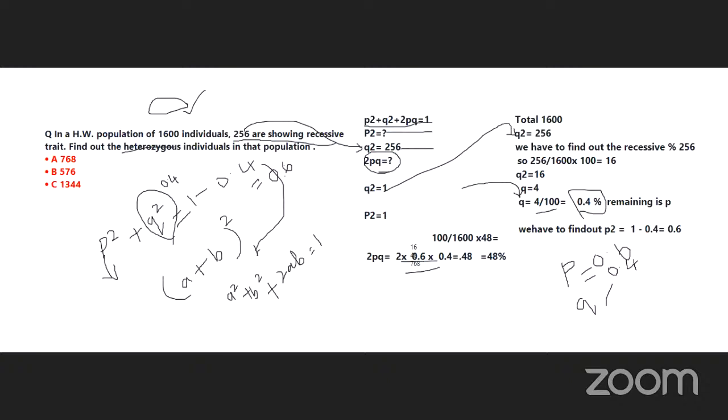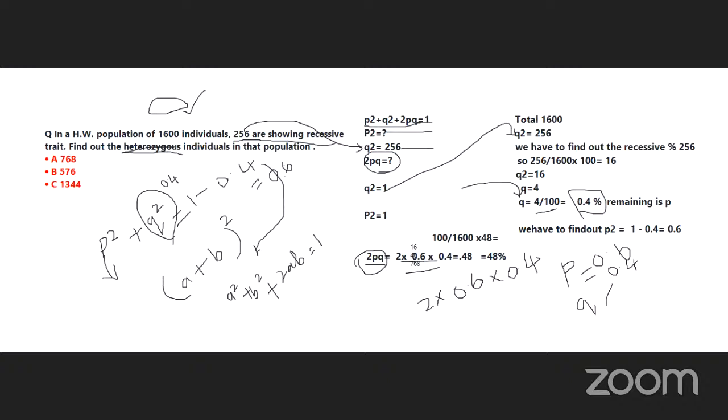Yes, sir. Okay, so here we have to find out the 2PQ, isn't it? This is the heterozygous condition. We have to find out the answer, so you have to substitute the values: 2 into 0.6, P is 0.6, into 0.4.